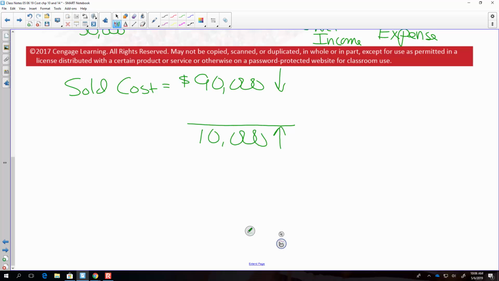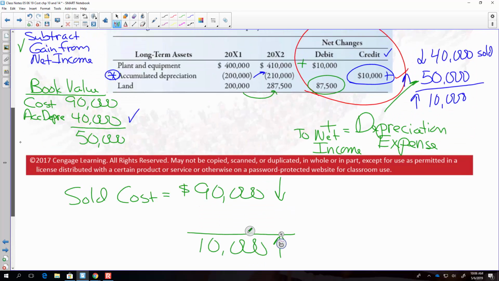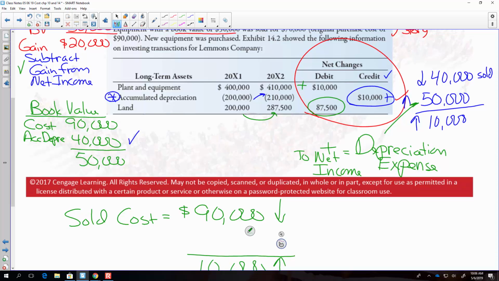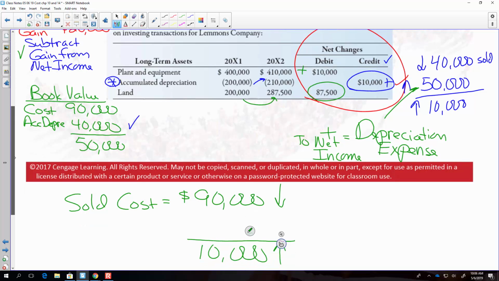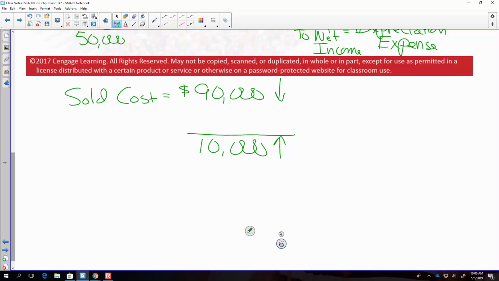It went from 400 in year 1 to 410 in year 2. So what must have happened in the middle? I purchased 100,000. Purchased some more long-term assets for 100,000.